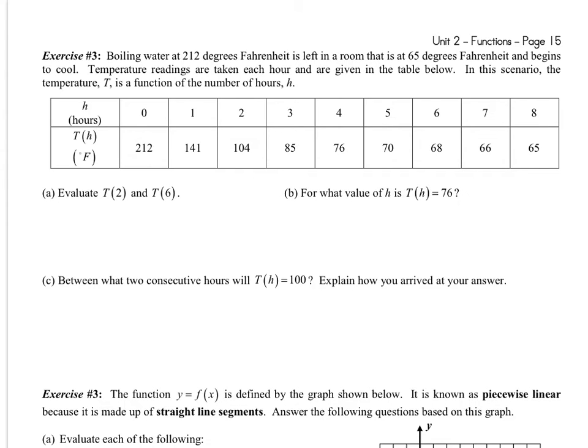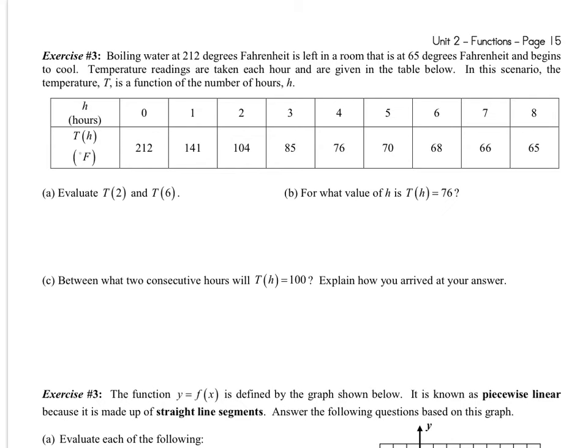Exercise 3 tells us that boiling water at 212 degrees Fahrenheit is left in a room that's 65 degrees Fahrenheit, and naturally it begins to cool. So they documented all of the temperatures and recorded them in this table. As the number of hours went by, we can see that the temperature is decreasing. So if it says evaluate T of 2 and T of 6, that's basically saying two different things: when the time is 2, what is the temperature?